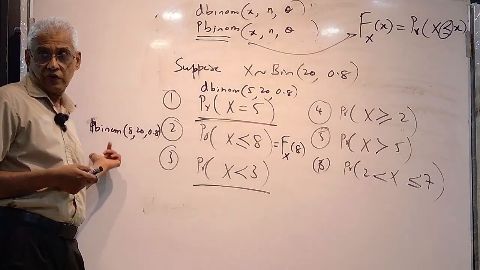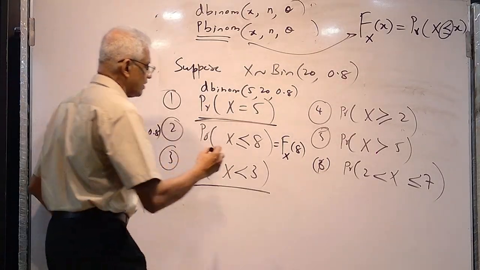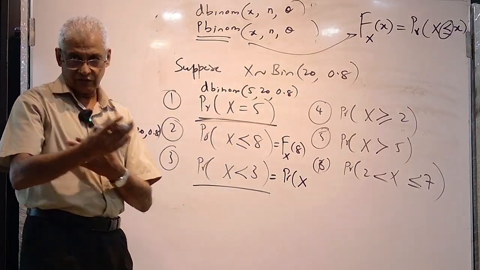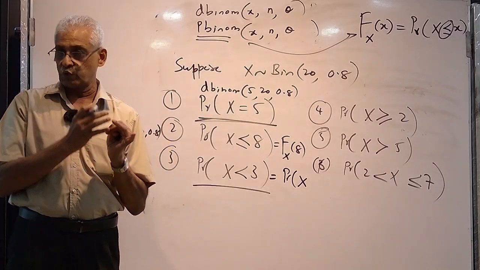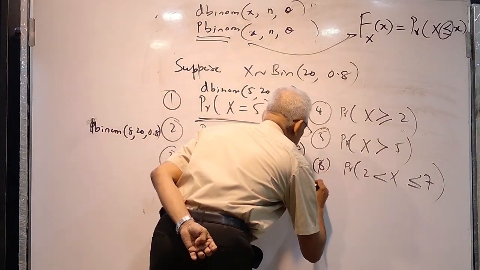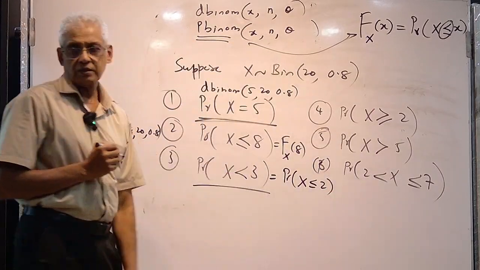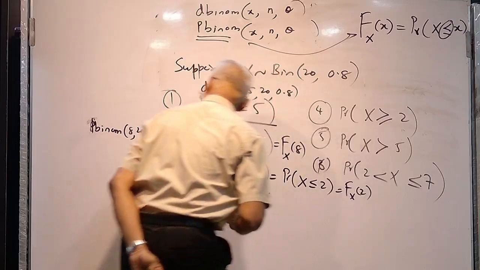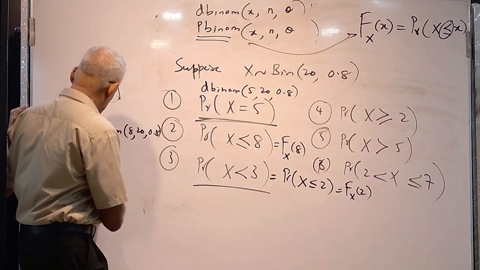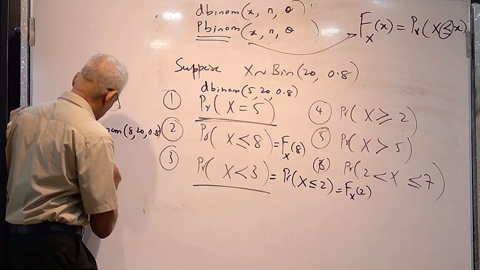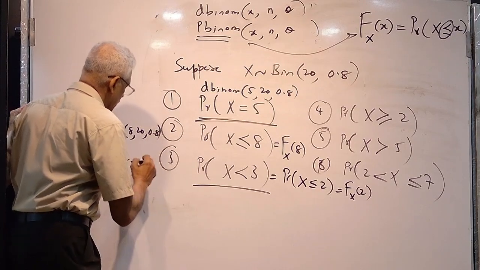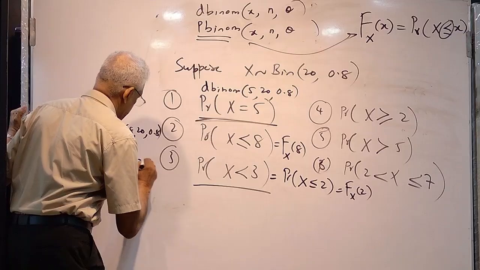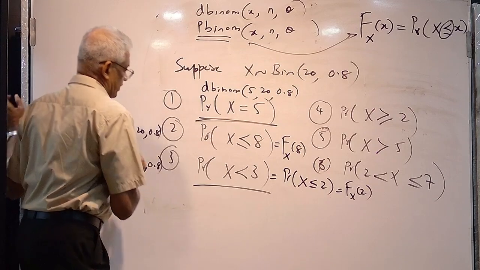Probability x less than 3 means 0 or 1 or 2, so less than or equal to 2. So this is actually F(2), and therefore it is p binom, 2, 20, 0.8.